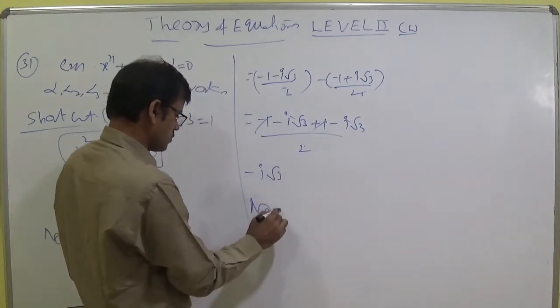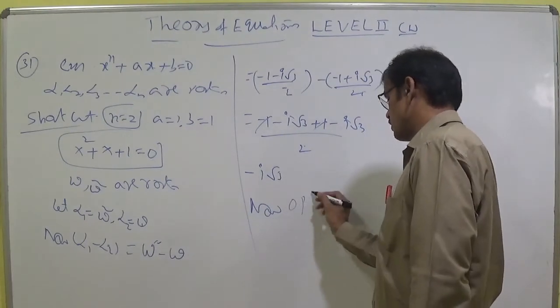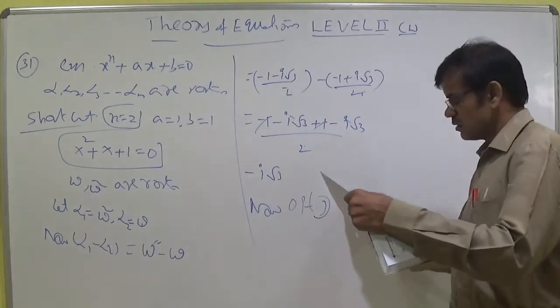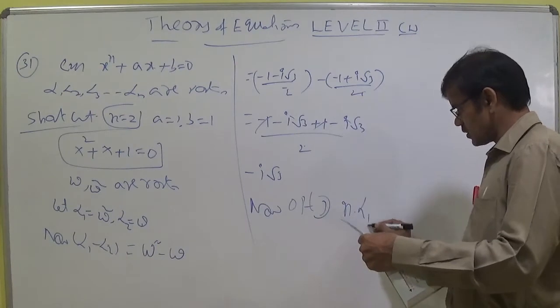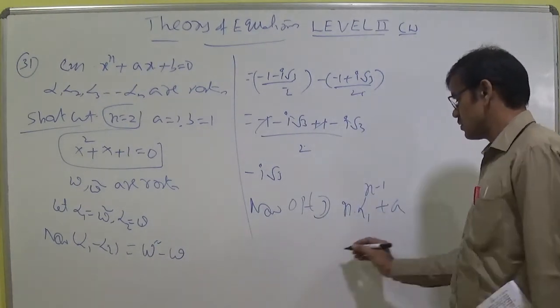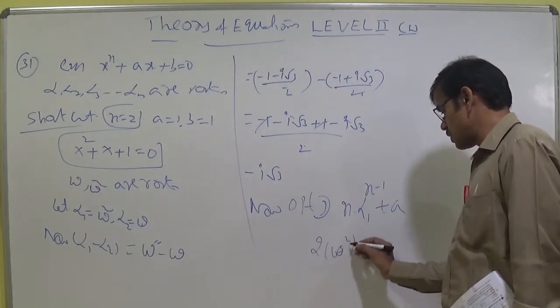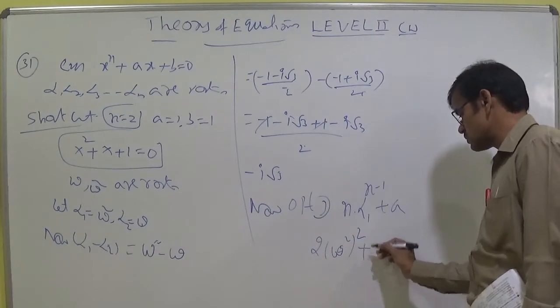Now verify the options. Verify option 3. Option 3 is n into alpha 1 power n minus 1 plus a. So n means 2, alpha 1 means omega square whole square, plus a means 1.